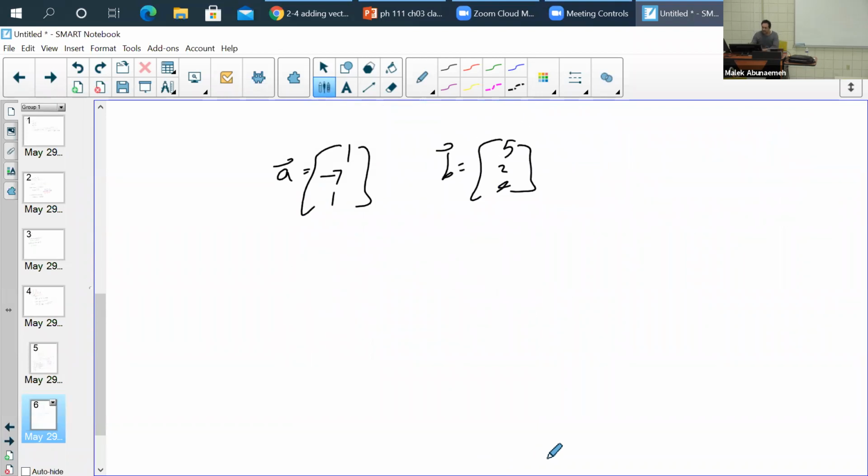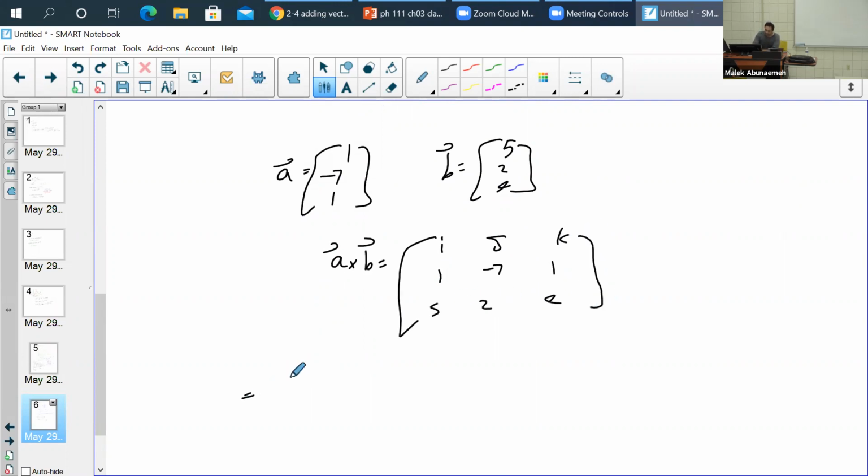Having A cross B, I, J, and K, 1, minus 7, and 1, 5, 2, and 4. What are you going to have? You're going to have these two. So this is a 4 over here, so that's going to be minus 28. Minus 2 in the I direction, minus, you hide the J direction.